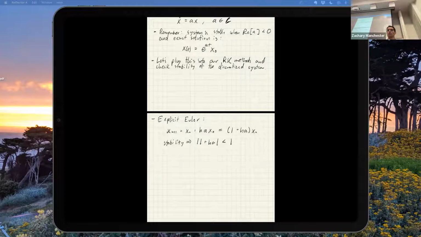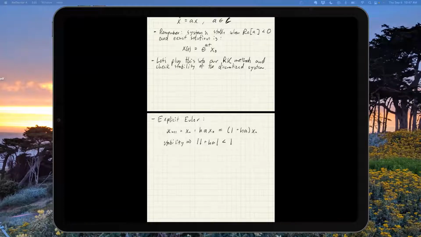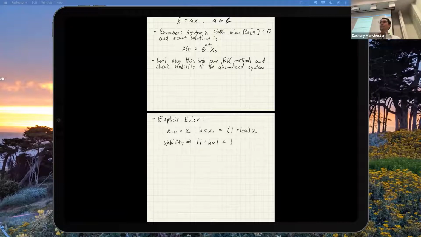Is it a unit circle? x_{k+1} doesn't need to equal x_k. That would be a fixed point, and this isn't necessarily a fixed point. If it's stable, this thing would decay to the origin, say, right? So what we want is for this to be a contraction. We want it to shrink and go towards 0.